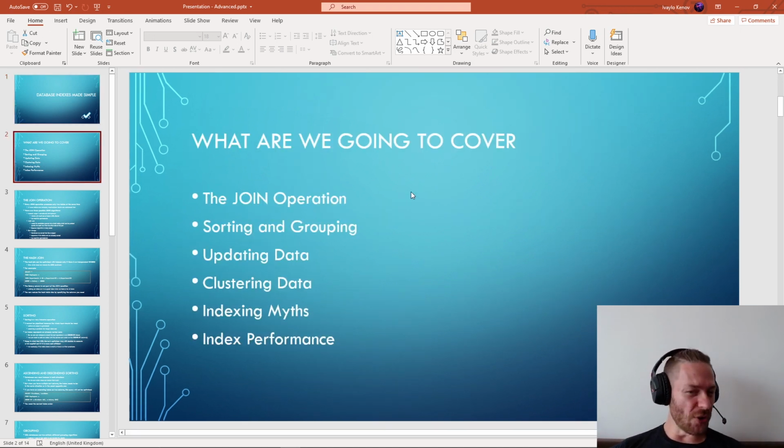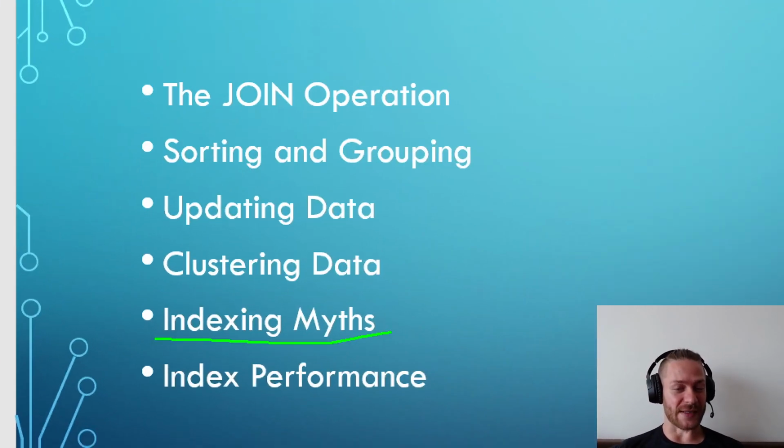We covered the join operation, we covered the sorting and grouping. These are all advanced scenarios, and you may find them rarely having an impact on your performance, but every time you see a bottleneck in your execution plan for the join operation or for a sorting or grouping, consider all the rules we covered here. Also, keep in mind all the indexing myths, and keep in mind the CRUD operations when you need to change a lot of data.